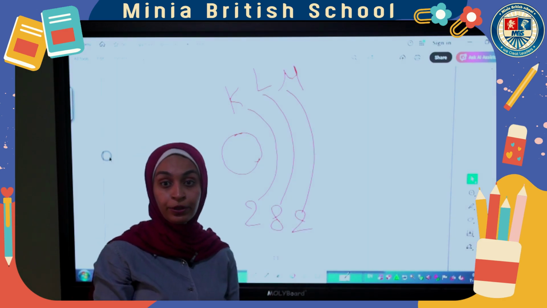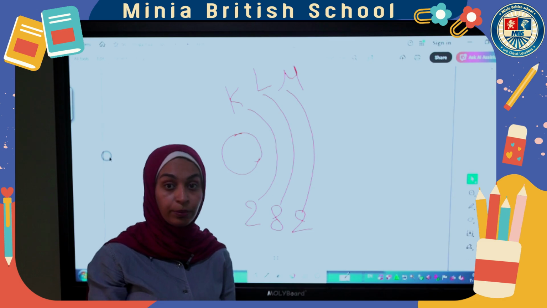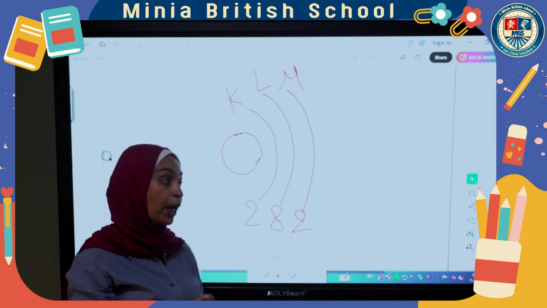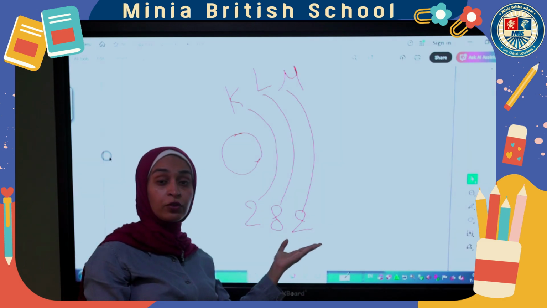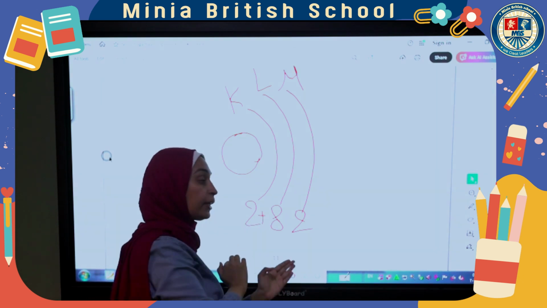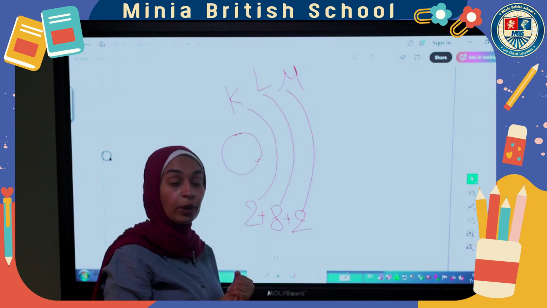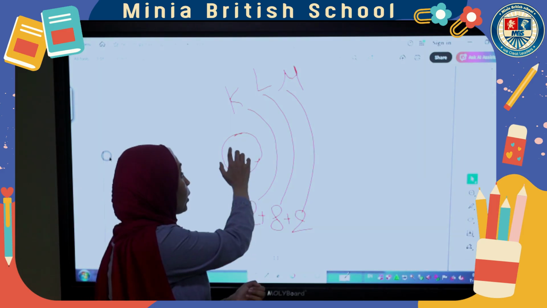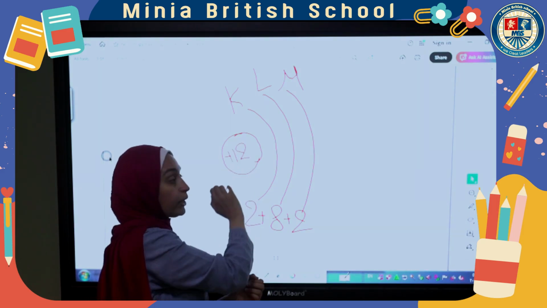What is the atomic number here? The atomic number is the number of electrons, right? So I have to add the number of electrons to calculate the atomic number. 2 plus 8 plus 2 equals 12. So it has atomic number 12.